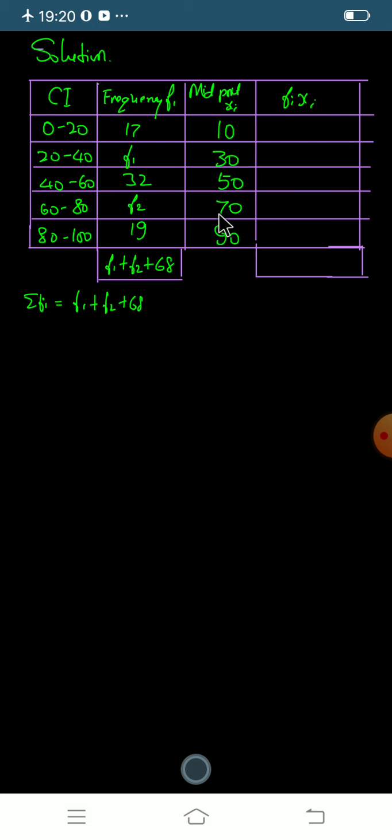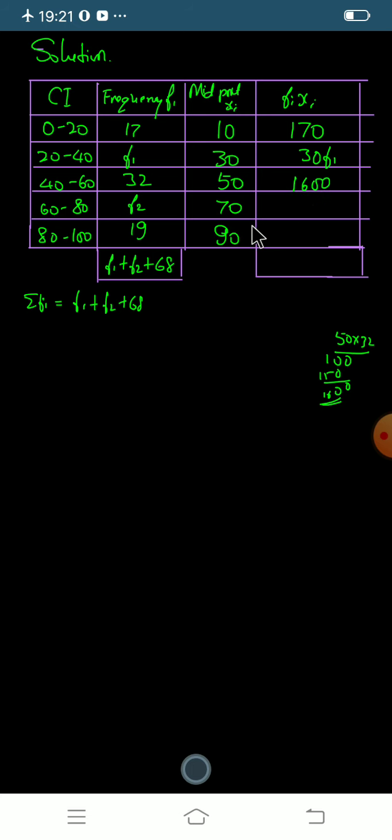Now in the same way we have to find Fi xi by multiplying the xi column and the Fi column. 17 into 10 gives us 170. 30 into F1 is 30 F1. 50 into 32, let us multiply, that is 1600.